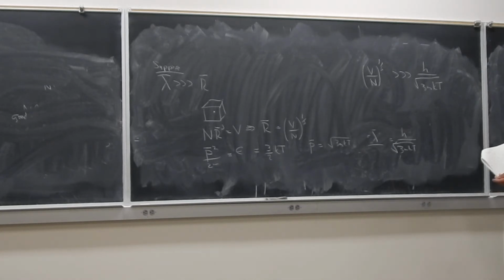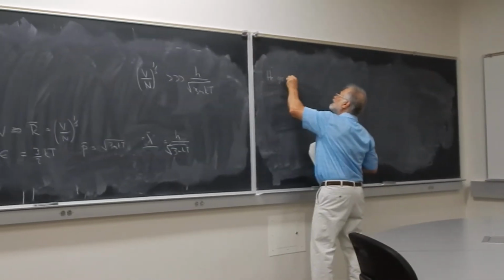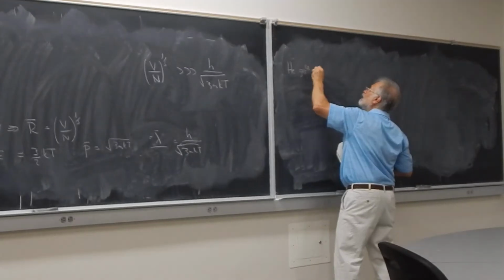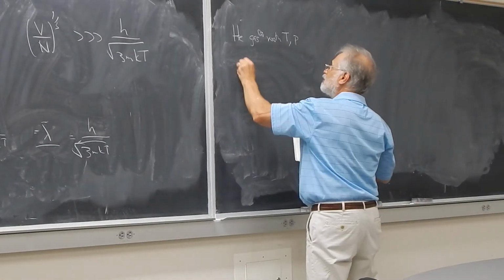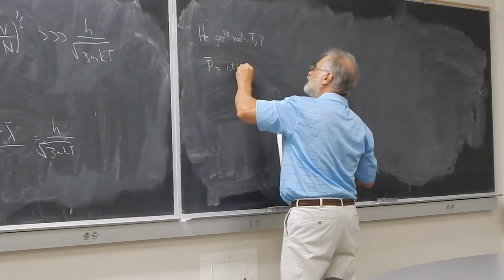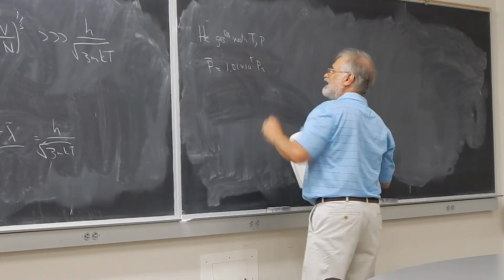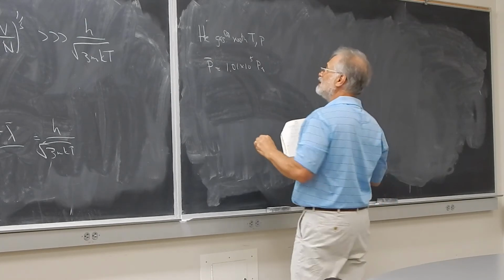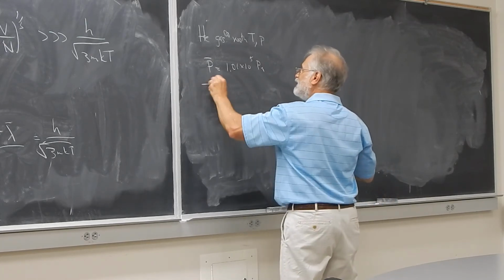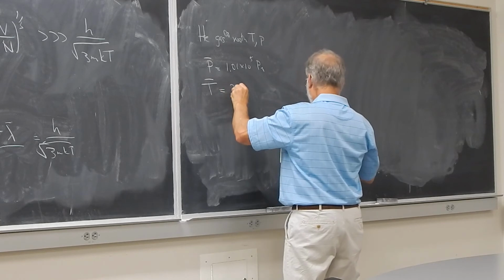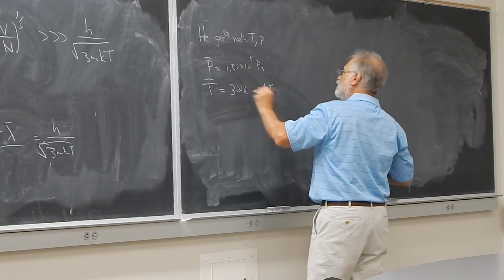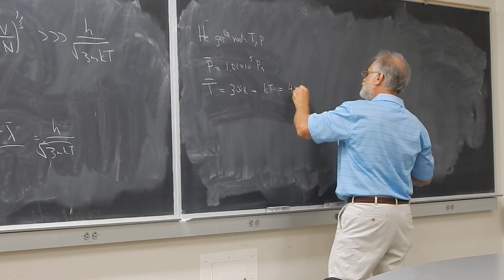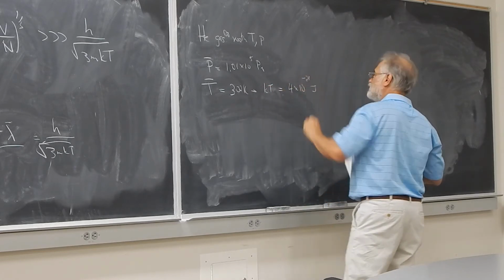Let's do a couple of for instances. Let's take helium gas at room temperature and standard pressure. Okay, so the pressure would be equal to 1.01 times 10 to the 5th Pascal. I like those units better than those bar things. Temperature, let's say 300 Kelvin, just make it nice and easy. kT then would be equal to 4 times 10 to the minus 21 joules.